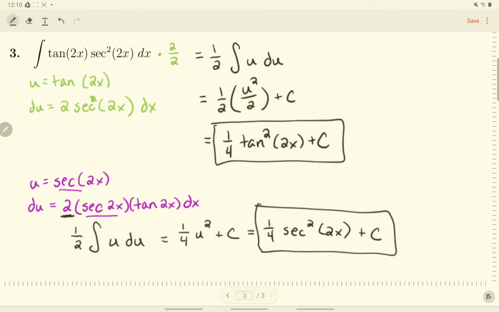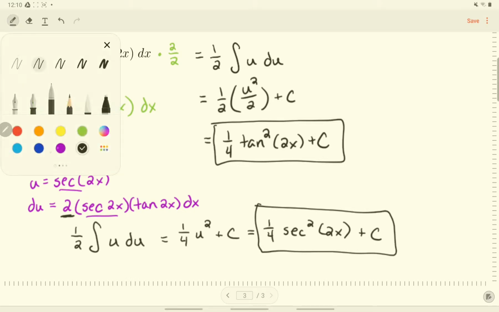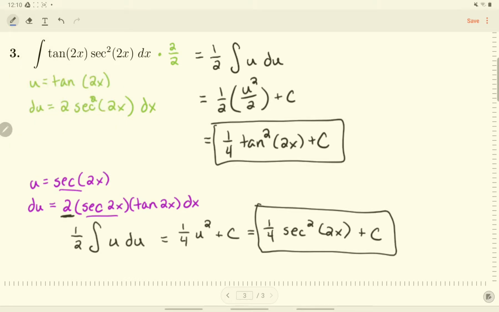If you want to see why, let's see. It's just your properties of trig. So I know that tangent squared of an argument plus 1 is secant squared of that same argument. So if I were to add 1/4 to this original tangent squared, then it would match the secant squared.